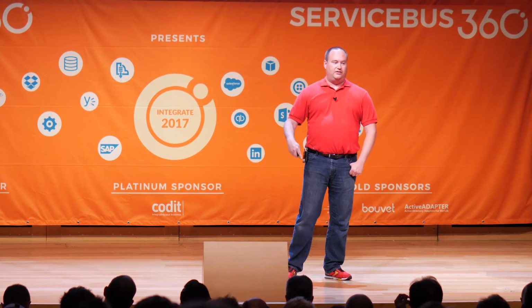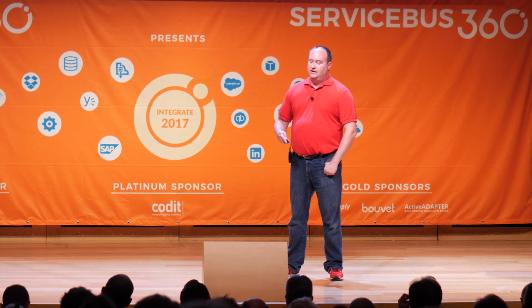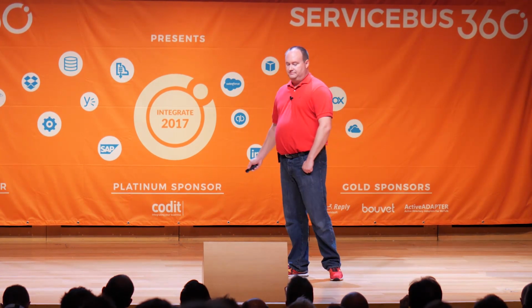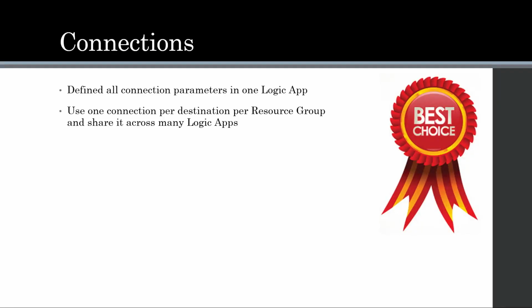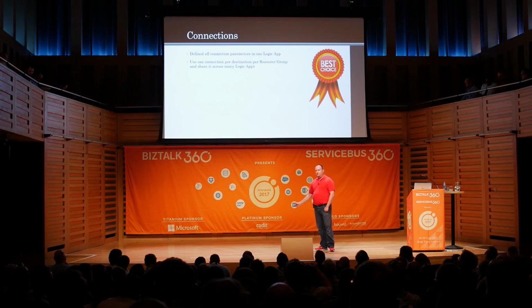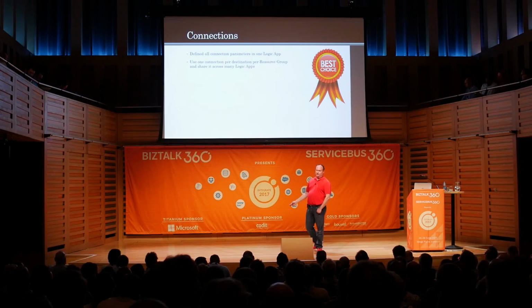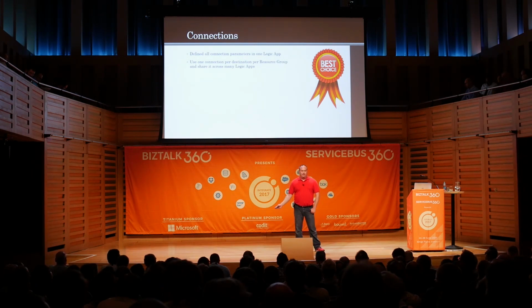Anybody else that would use a SQL connection, we'd delete all the other parameters in the Azure template file and make sure it referenced it by name only. We also set it up so that we would have one connection per destination per resource group. So if everybody's connecting to the same SQL database, and there's no reason for them to have a different username or password or access anything different, everyone's going to share the same connection, and it's going to be used across the entire resource group.